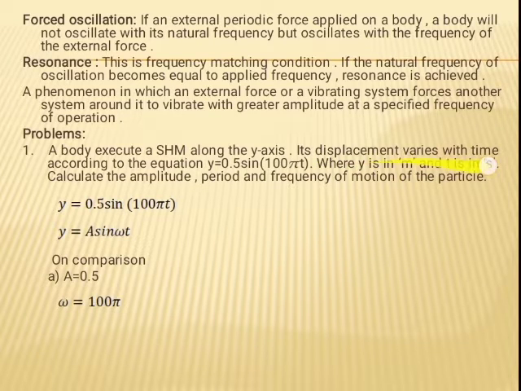Its displacement varies with time according to the equation y = 0.5 sin(100πt), where y is in meters and t is in seconds. They have given you one expression and they are telling you to calculate the amplitude, time period and frequency of motion of the particle.